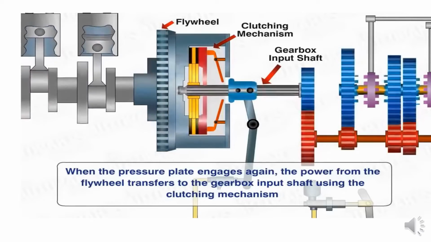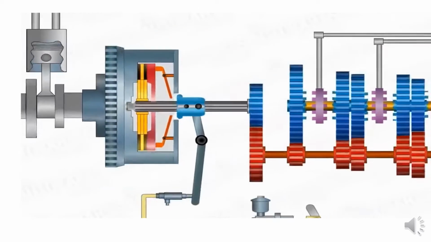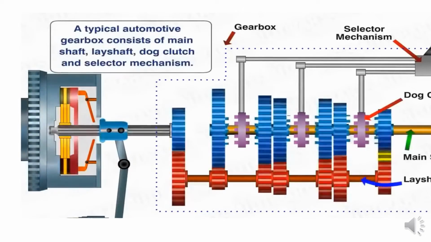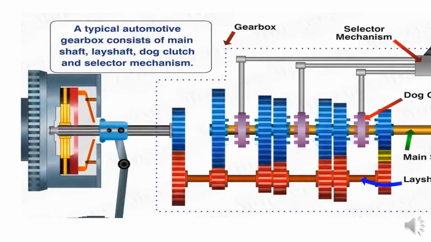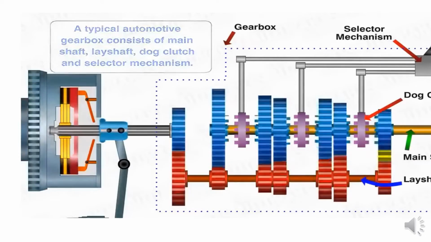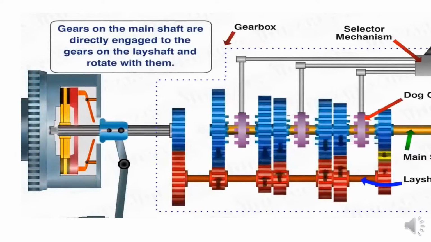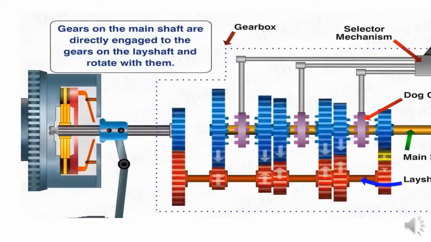See here, the clutch pedal is pressed. When it is pressed, the clutch plate is disengaged, so the power is not transmitted from flywheel to clutch shaft.